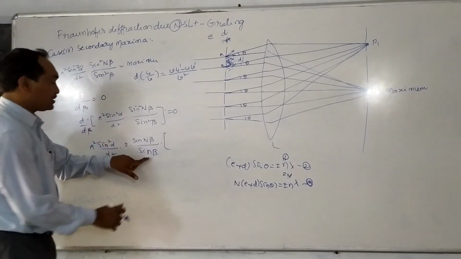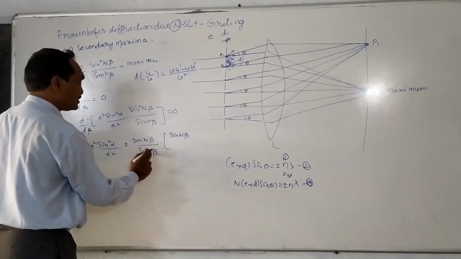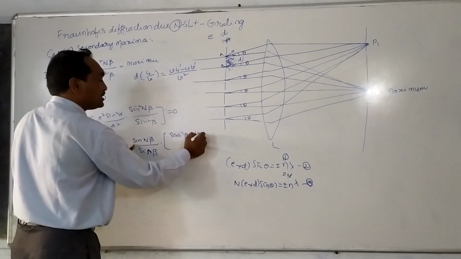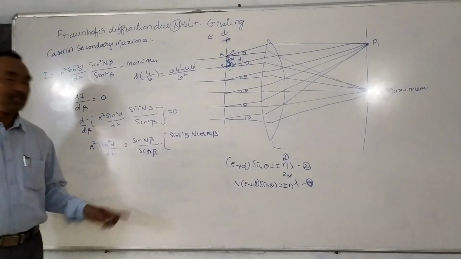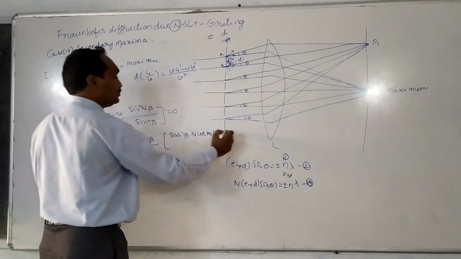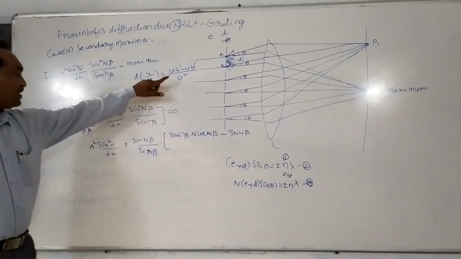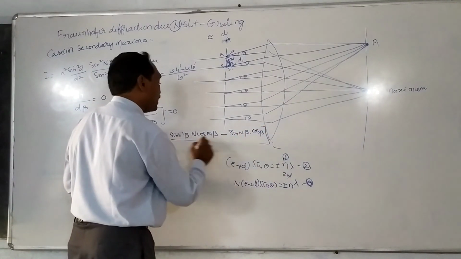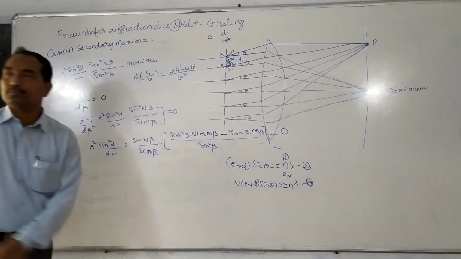What is v? Sin beta is v, into differentiation of sin n beta, that is n cos n beta. Minus, what is u? Sin n beta, into v dash, which is the differentiation of sin beta, that is cos beta, by v square, that is sin square beta, is equal to 0.